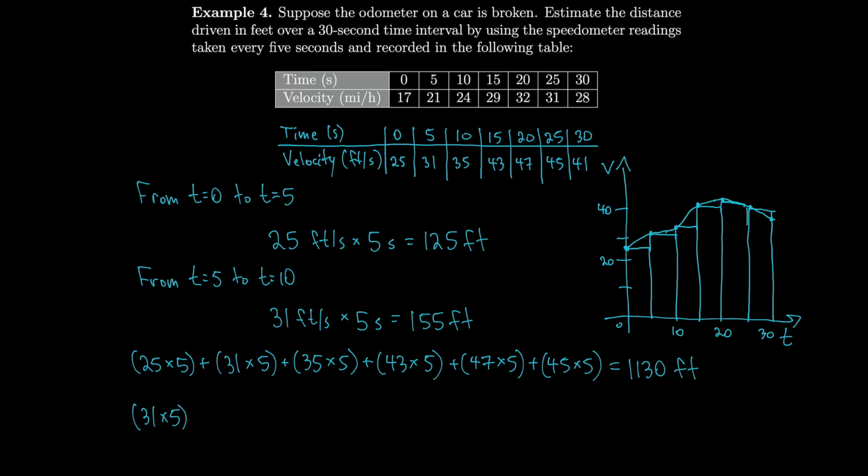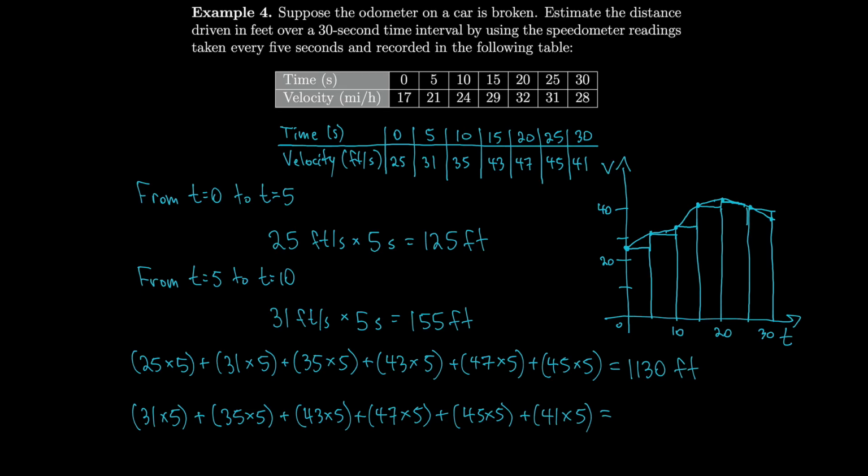So our right estimate would look like this. 31 times 5, 35 times 5, 43 times 5. All of our values are pretty much the same except for the first and last one. 45 times 5 and 41 times 5.